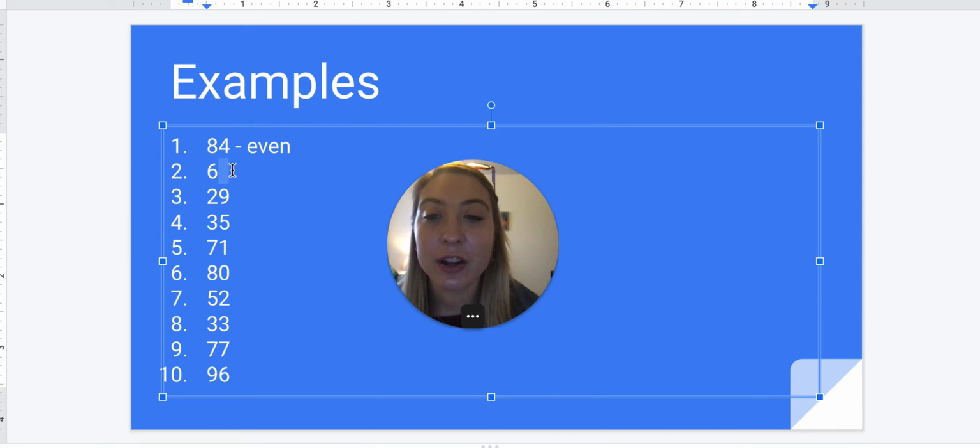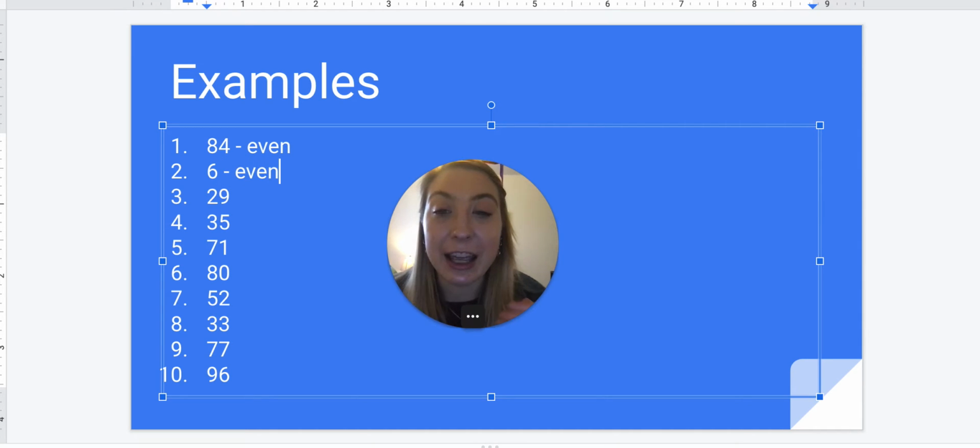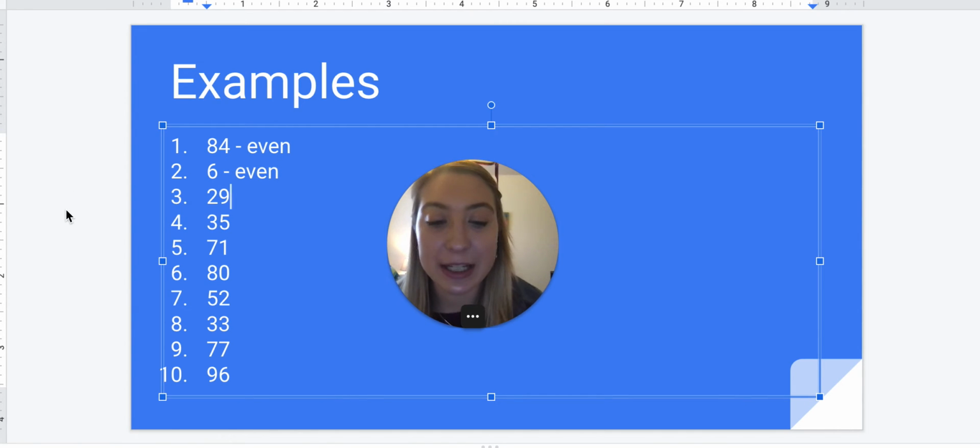So here, there's nothing in my tens place. I only have a number in my ones place. So I'm just looking at the last number. It is a 6, which means this is an even number. Because remember, 2, 4, 6, 8, or 0 is even if it ends in that. Here I have 29.